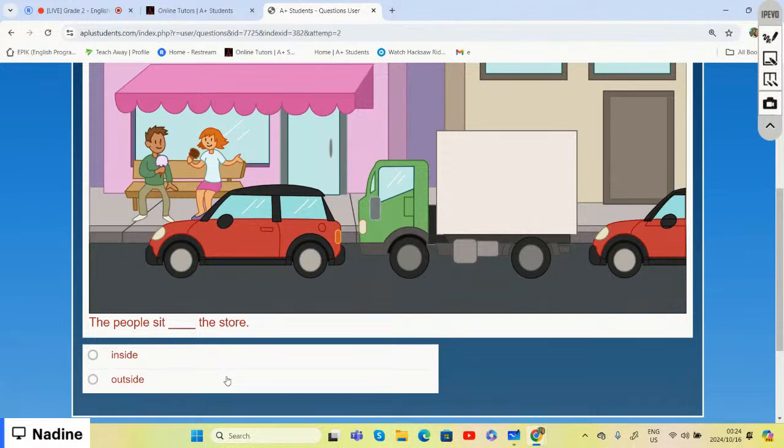So which one is correct? Option one, the people sit inside, or option two, the people sit outside.